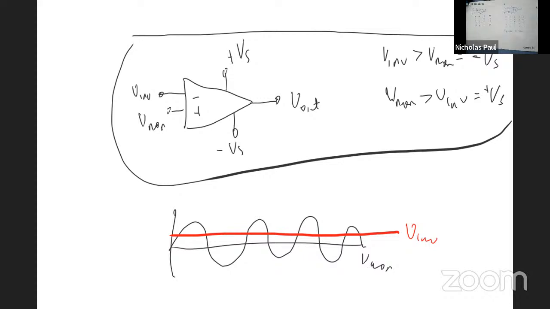All right, so we're going to do the same thing. We're going to compare and try to figure out what the output is. I'm just trying to get a graph page so you can all see it properly.